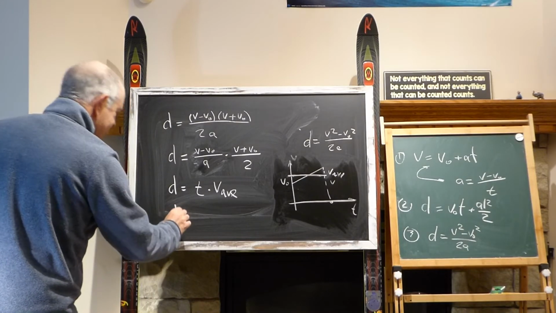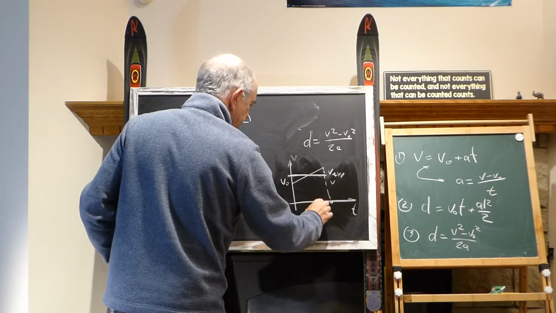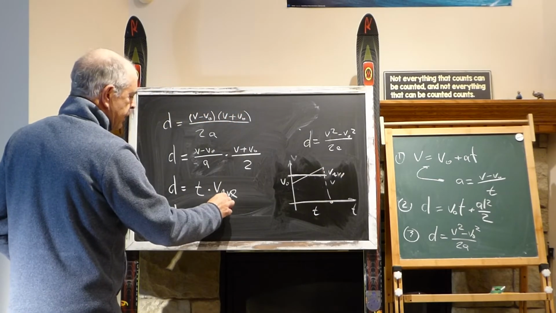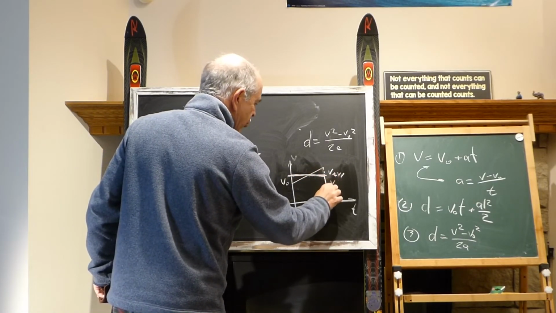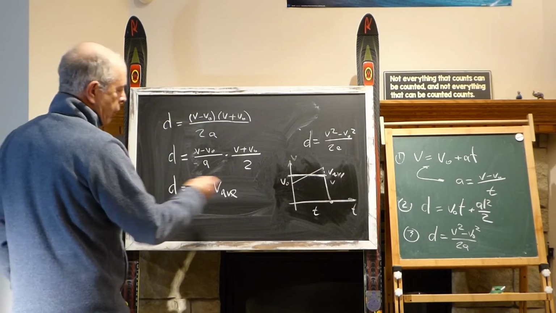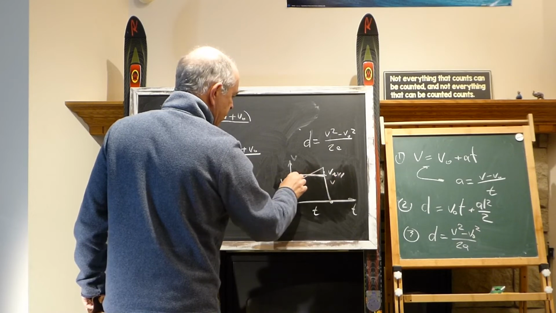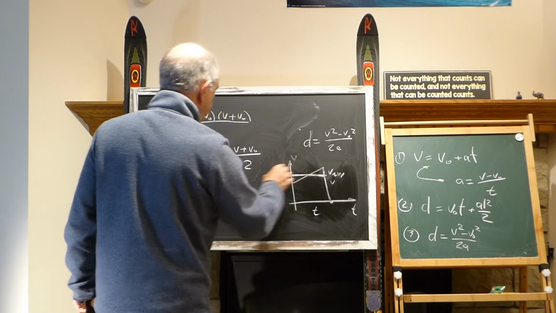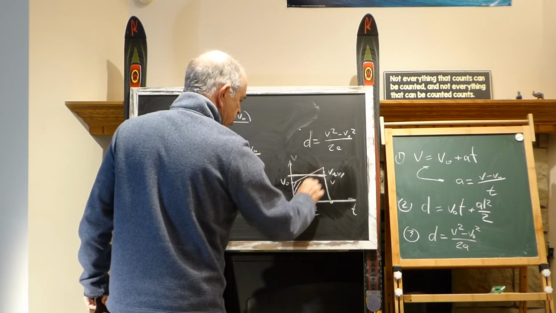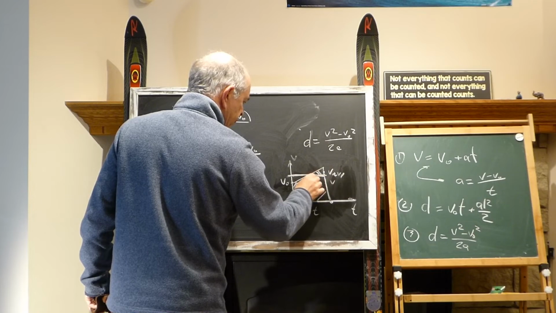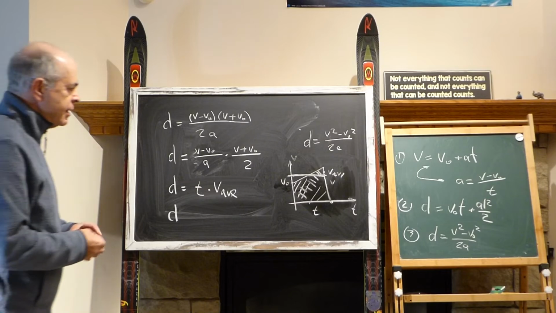We get this distance d. This is the average speed over period of time t, and it would be the area under this rectangle. And we obviously see, because this is average, straight in between this point and this point, that it is exactly the same area as this trapezoid. And we got the distance.